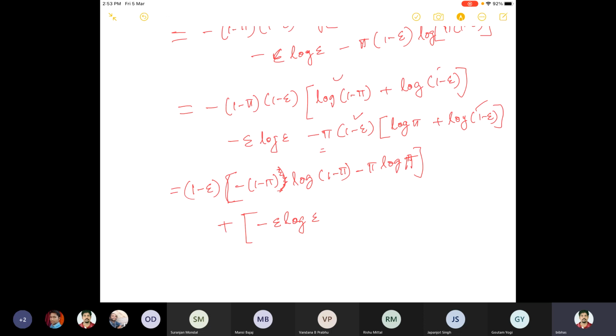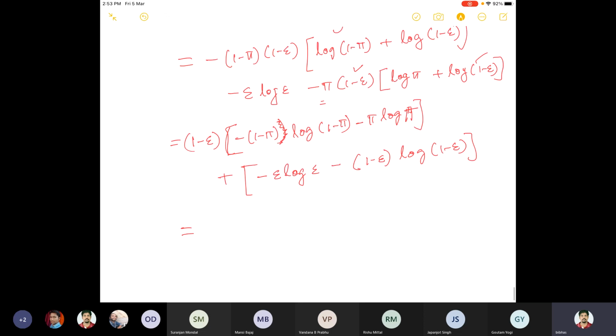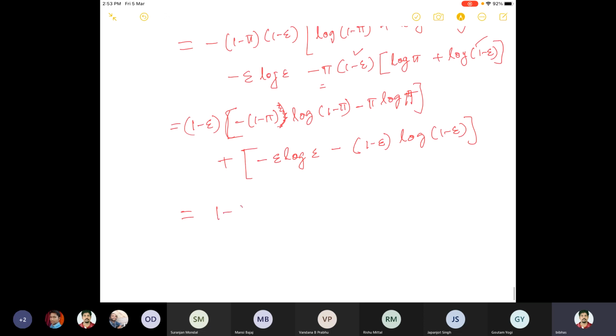There is pi, there will be 1, so it will most likely be minus 1 minus epsilon log of 1 minus epsilon. I may be wrong, but it is something like that. Let me check, because I know the answer. So 1 minus epsilon, and here actually it is the h of pi. Okay, I think I'm correct. Plus here it is h of epsilon.